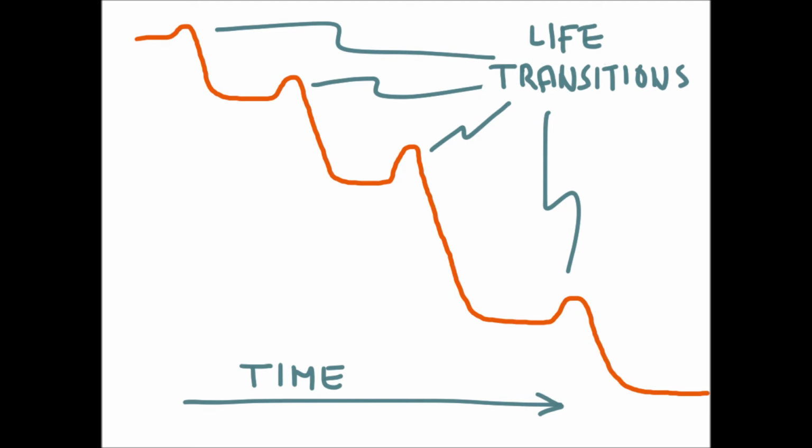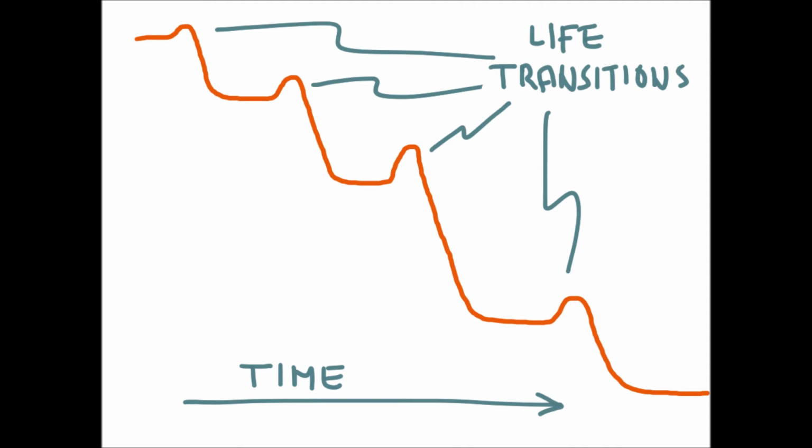It also fits the model better if we're going downhill. Okay, good. But there are these activation barriers that cause the transition sometimes to be painful, difficult, or take a while. These are life transitions. This is time, and those are the various little life transitions.